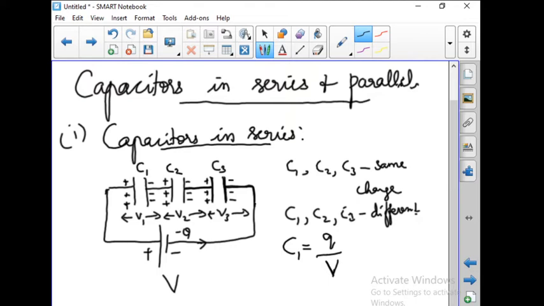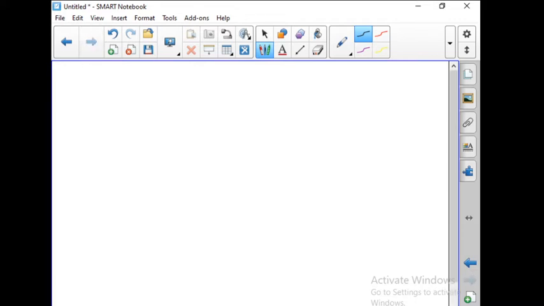So what is the total voltage across the capacitors? It is equal to the sum of the individual potential differences across the capacitors. But we know C is equal to Q by V, or Q is equal to CV.